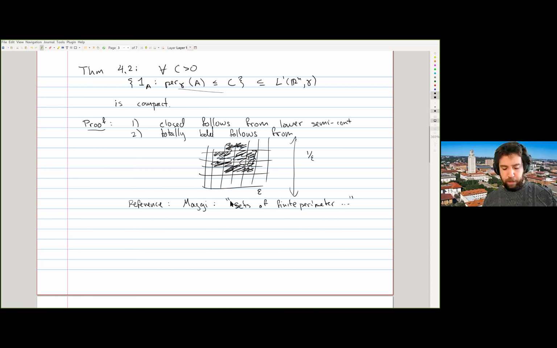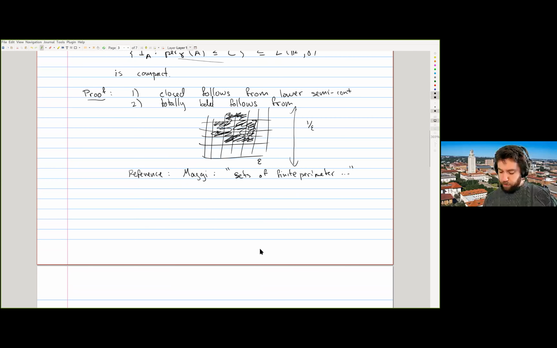Now everything in this book is for Rn, just because the geometric measure theory community is for the Lebesgue measure, because that's what these guys like to do, but it's not very much work to adapt it for Gaussian measures.